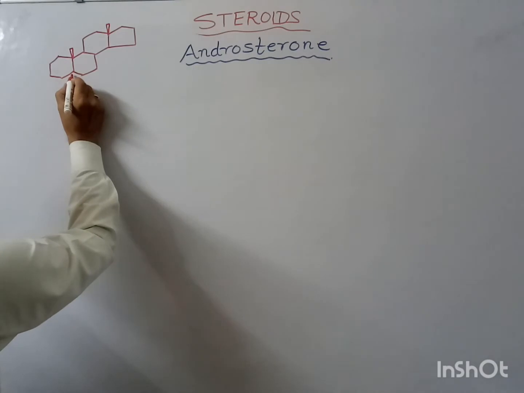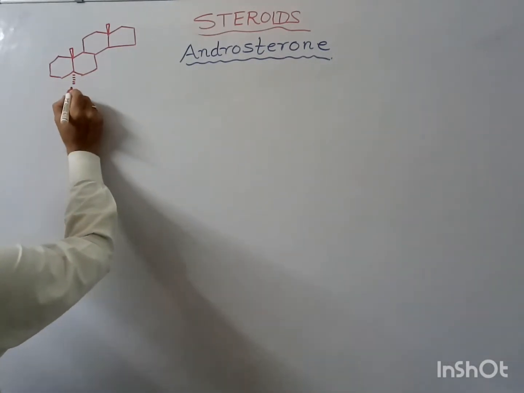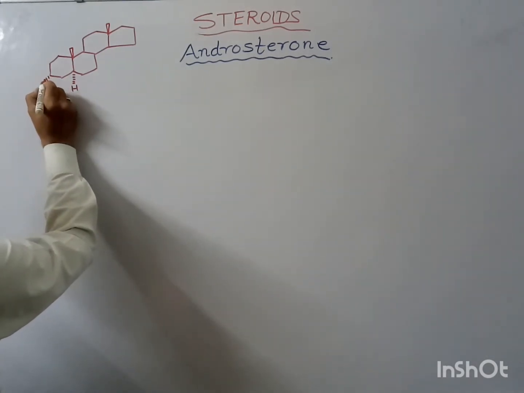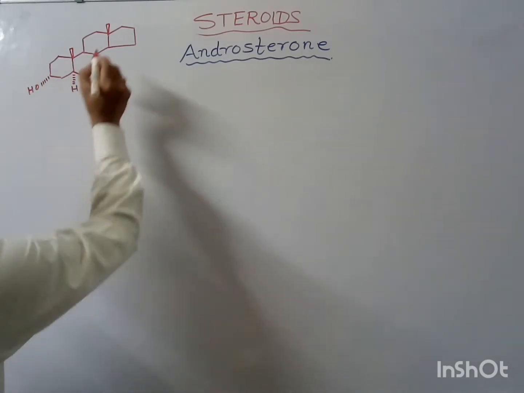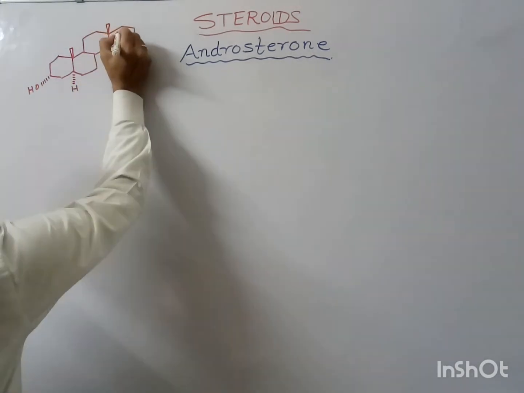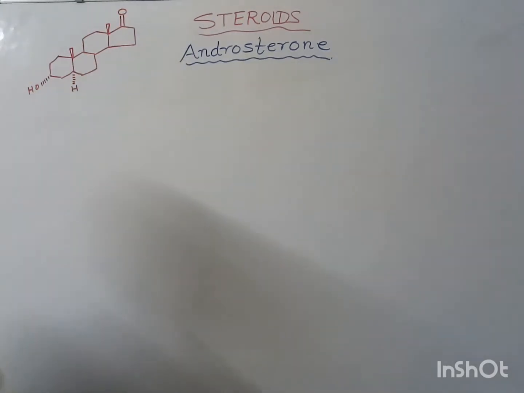Now here we have the hydrogen atom, which is an alpha hydrogen atom, and at this position we have the alpha hydroxyl group. And at the 17th position we have a keto group. So this is the androsterone structure.